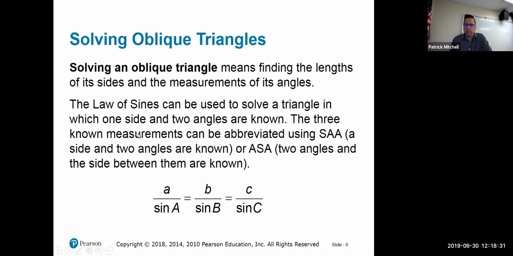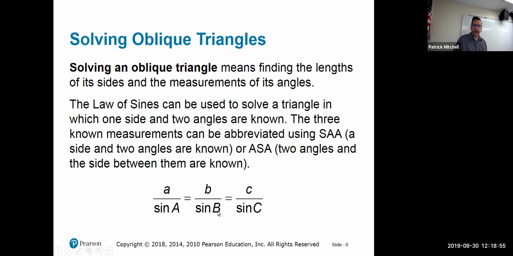So the 3 known measurements can be abbreviated using SAA, which means that you're given a side and 2 angles. So if you have a side, let's say a, and you have any 2 angles, if you had big A and big C, that would be enough, because having big A would complete this ratio.